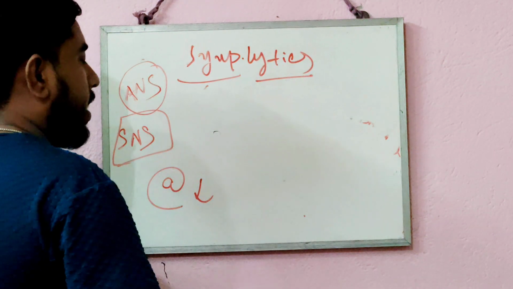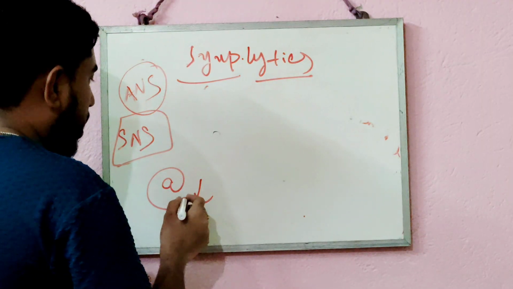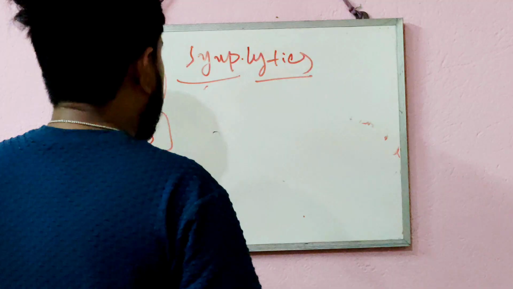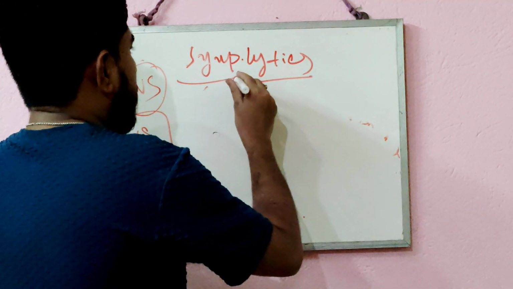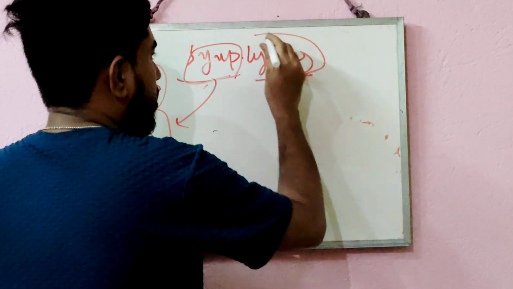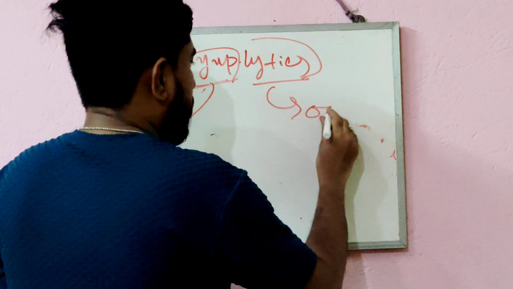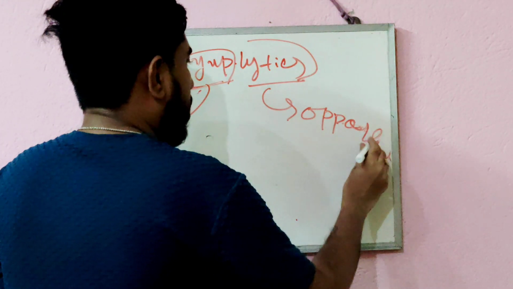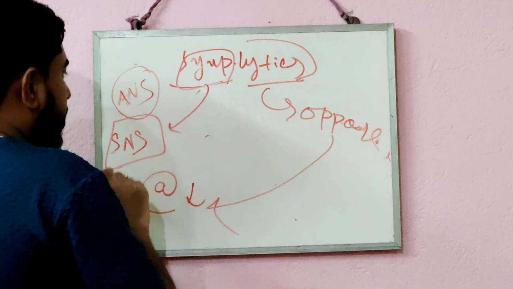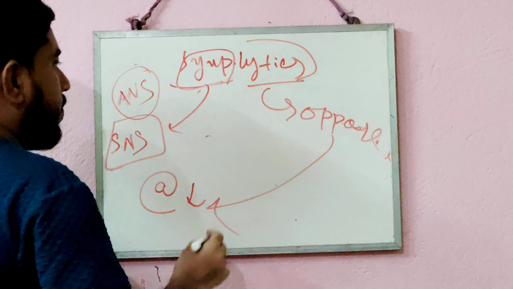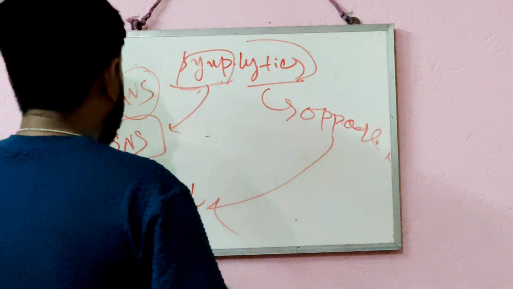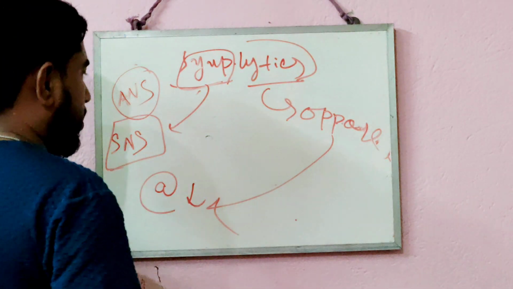By the name you can understand: sympatho comes from the sympathetic nervous system, and lytic means opposite or oppose. So they oppose the action of sympathomimetic drugs or the sympathetic nervous system.